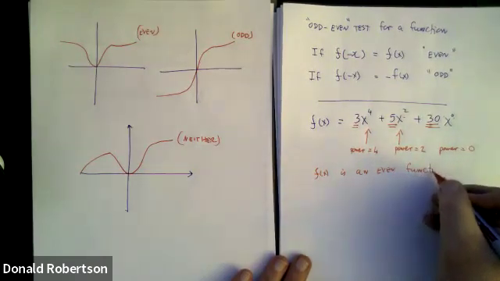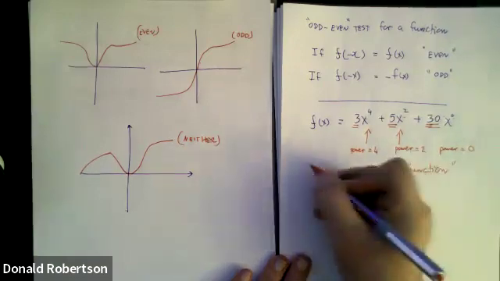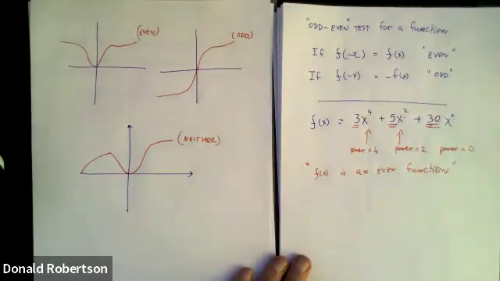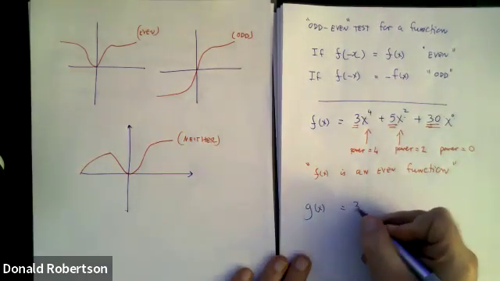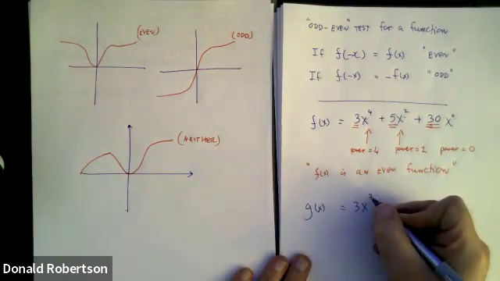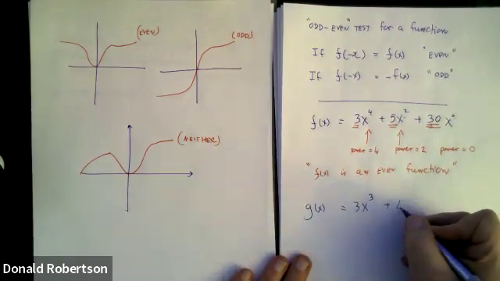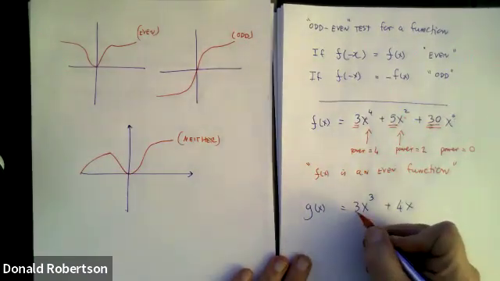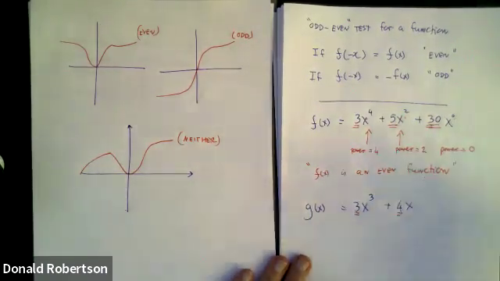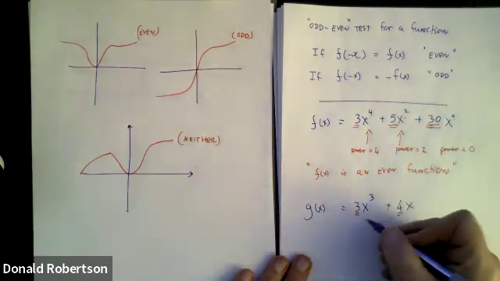And that might make a little bit more sense now for why we call them odd and even functions. I suppose I had a different guy, and it was 3x cubed plus 4x. Again, we do not care what those numbers are. They can be odd numbers, they can be even, it doesn't matter.